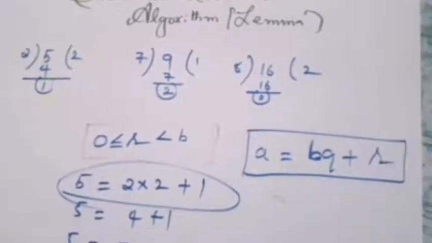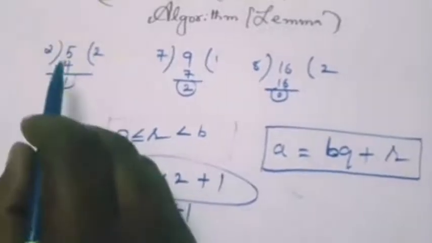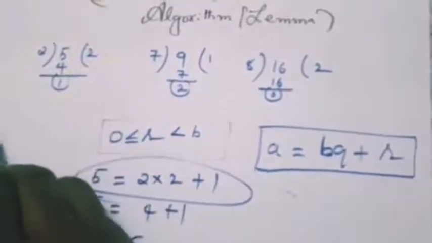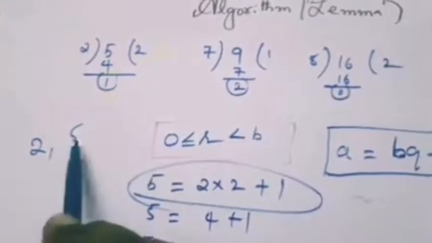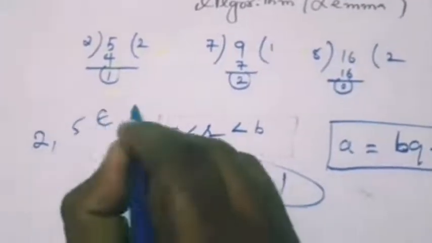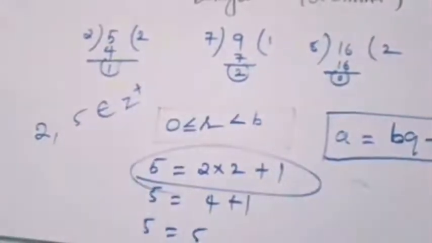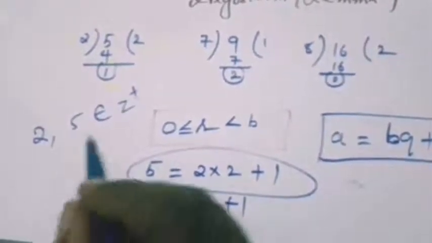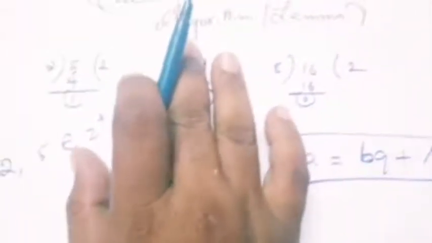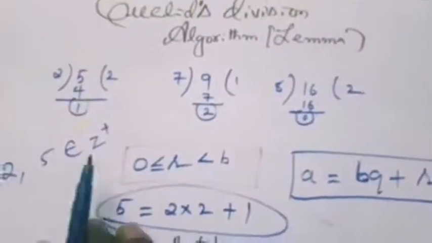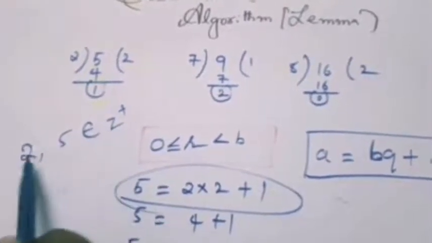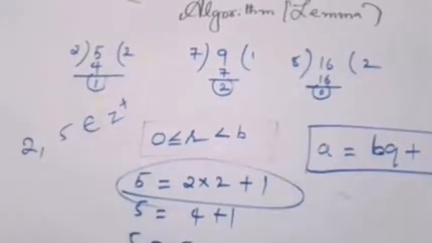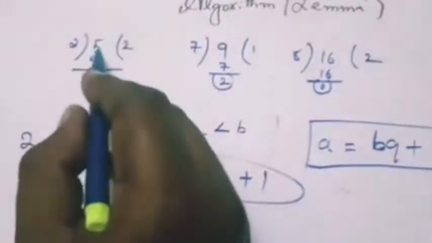Here I took two numbers, 2 comma 5, from the first example. 2 comma 5 are two positive integers, definitely. Euclid's division lemma is applicable only for positive integers. Understood? So 2 comma 5 are any two positive integers, where 2 is b and 5 is a.